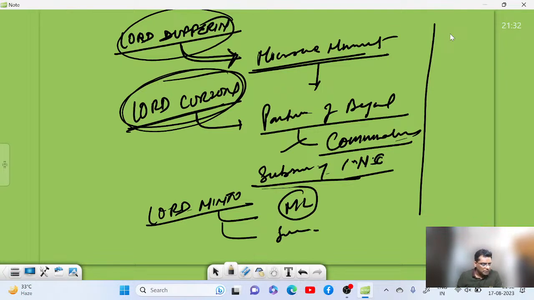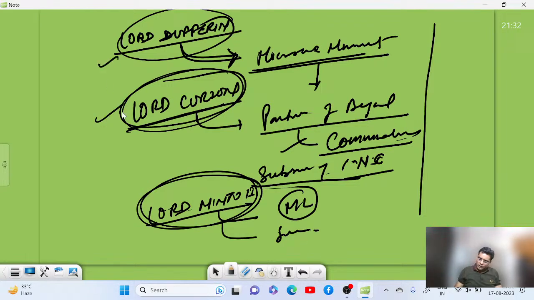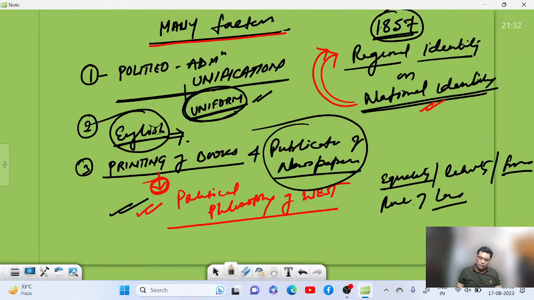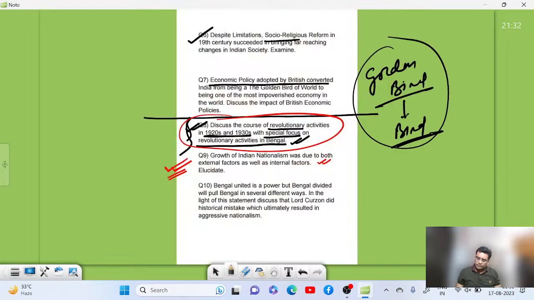So Lord Minto second. So these are the factors which the demand of the question is to discuss: the rise and growth of Indian nationalism was due to both external as well as internal factors.